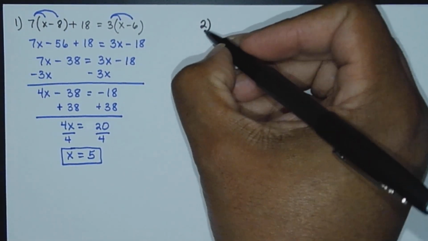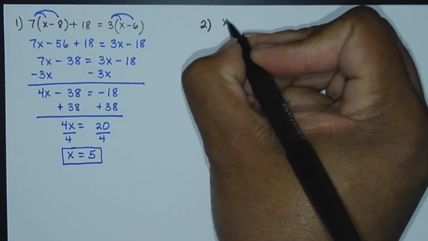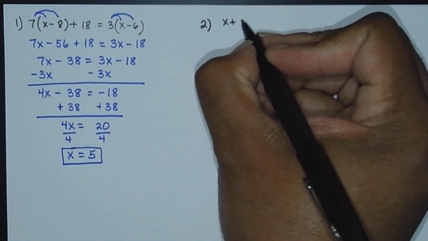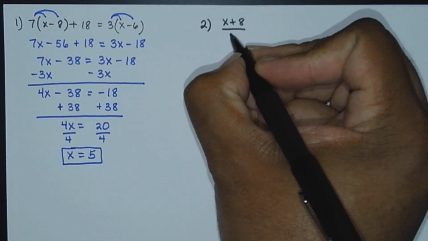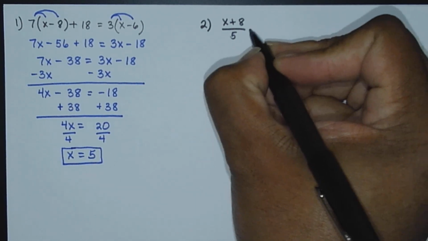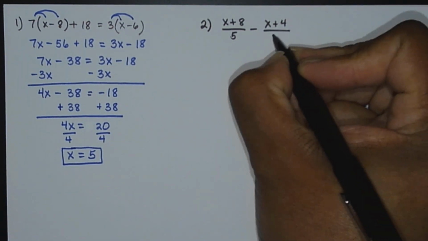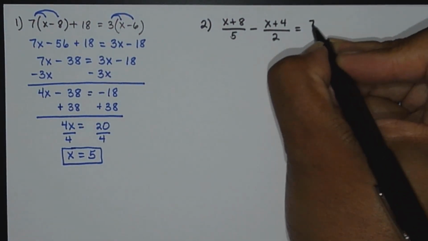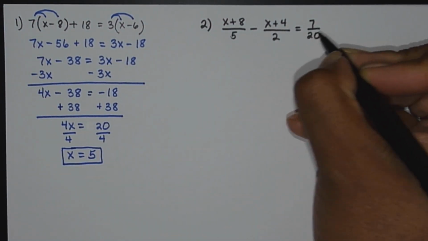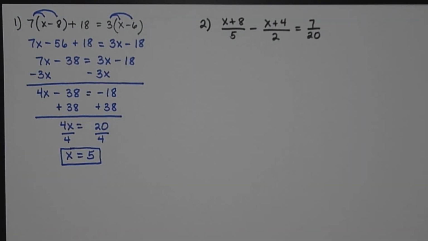All right, number 2. Now here we have an equation that has fractions in them. So here we got x plus 8 divided by 5 minus x plus 4 divided by 2 is equal to 7 over 20.